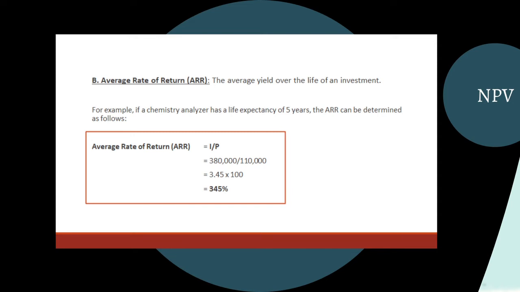ARR is equal to annual income, or I, over purchase price, or P. So, ARR is equal to I over P, where 380,000 over 110,000 will give you 3.45, and times 100 to get the percentage, it is equal to 345%. So you have 345% return on investment after 5 years of using the analyzer.